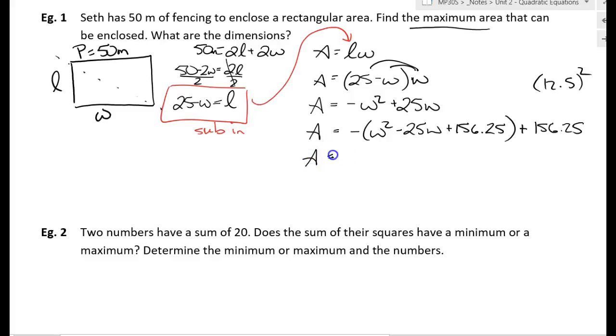And so my area is going to be negative (W minus 12.5) squared plus 156.25.